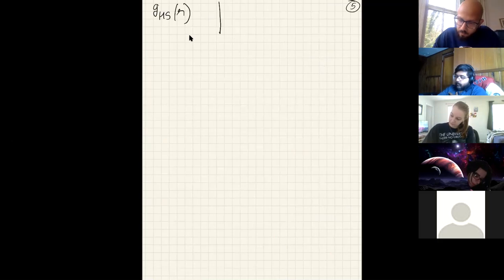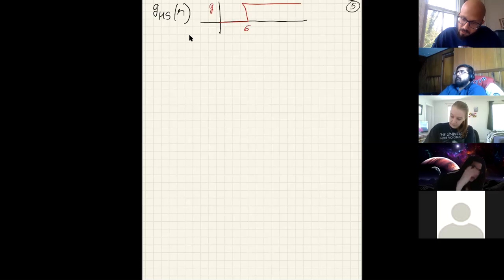Why is that so easy? Because g of r for the hard sphere looks as 0 and then 1. This is sigma. This is g HS of r. This is something you saw in the last homework, also in class.